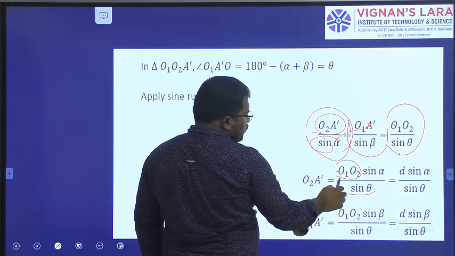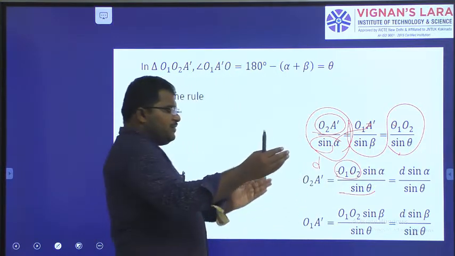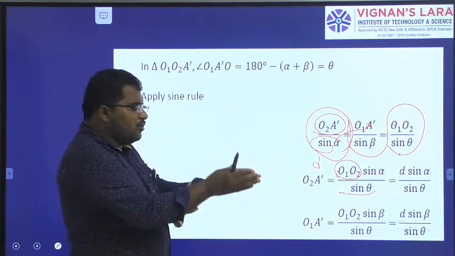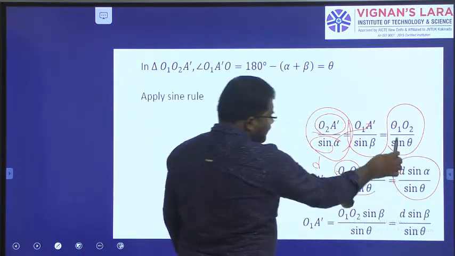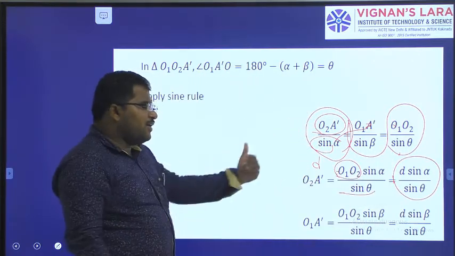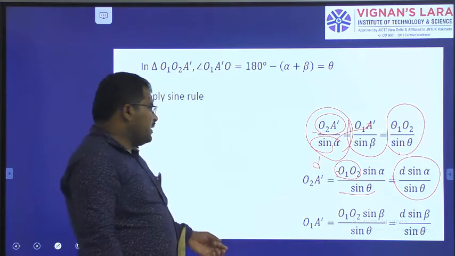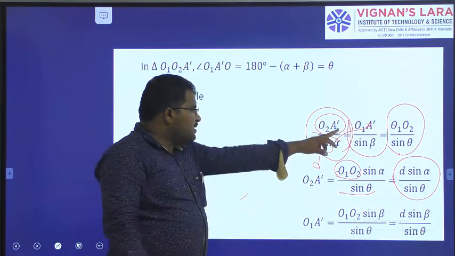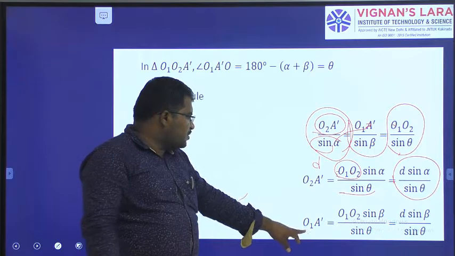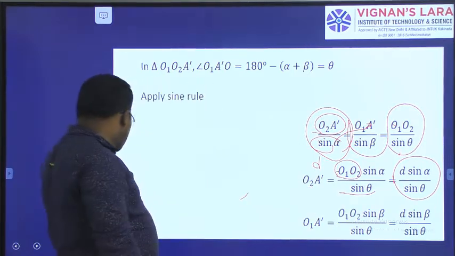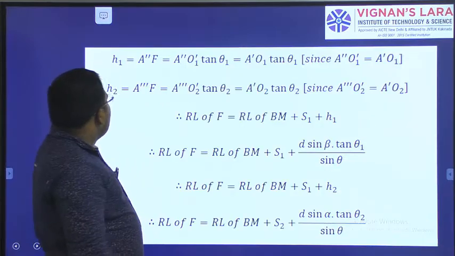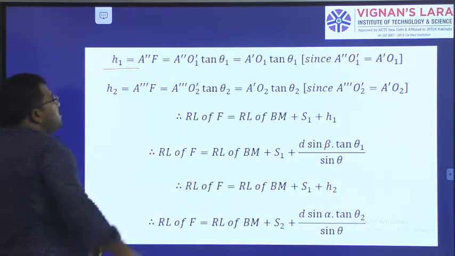O1 O2 will be equal to D, the shifting of the instrument from point 1 to 2, that is D. That's why it is D sine alpha divided by sine theta. Similarly, O1 A dash will be D sine beta divided by sine theta.